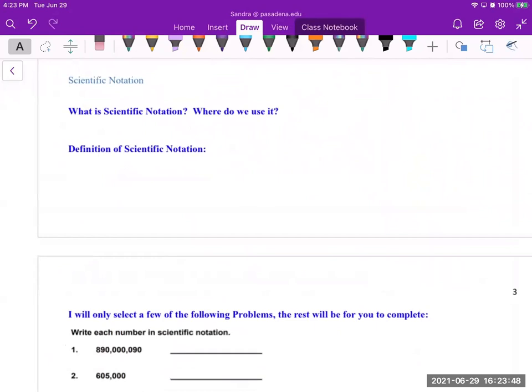Okay, what is scientific notation and where do we use it? We have scientific notation in astronomy, mainly in astronomy, but in a lot of the sciences. And the reason why scientific notation is important is because let's just say we wanted to know what the distance is from the Earth to the moon, or how fast light travels.